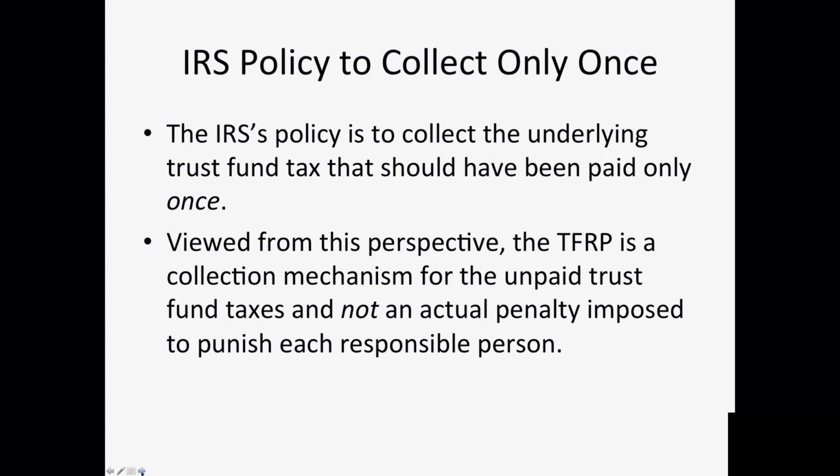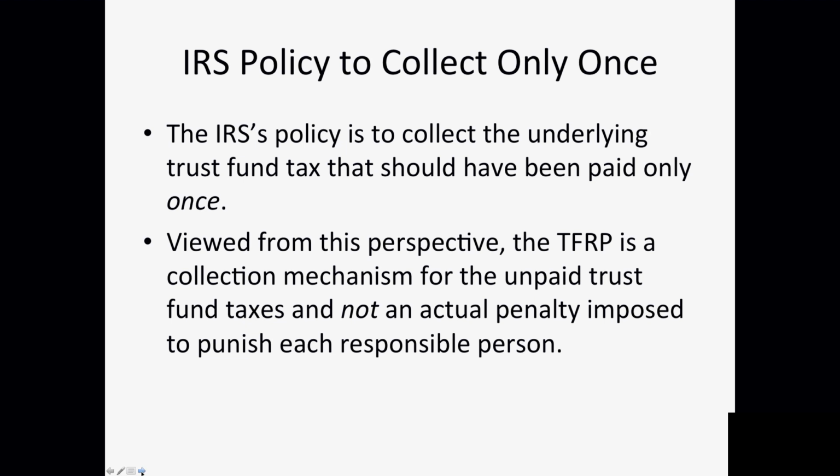However, it can obviously be perceived as punitive by any one of a number of people who are labeled the responsible person. But at the end of the day, the IRS just wants to collect the trust fund liability tax. And like I said, if one person steps up and pays it in full, then they don't care so long as it's paid. If three people split it jointly and severally, and the full amount winds up getting paid, then the IRS is satisfied.